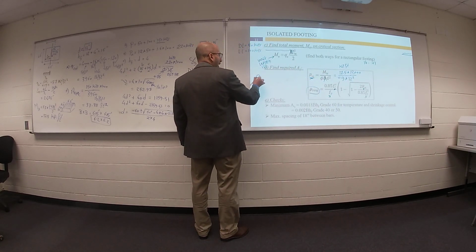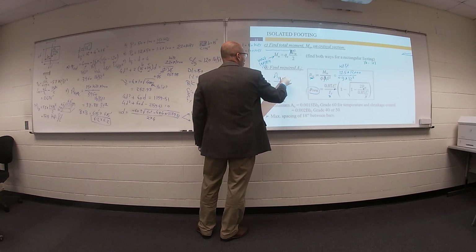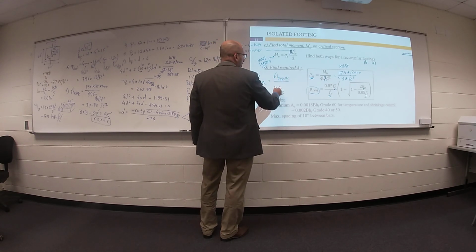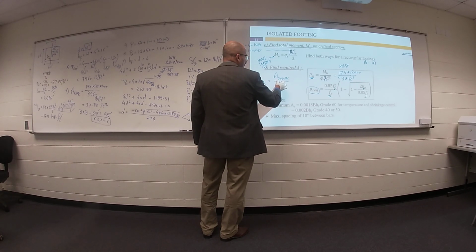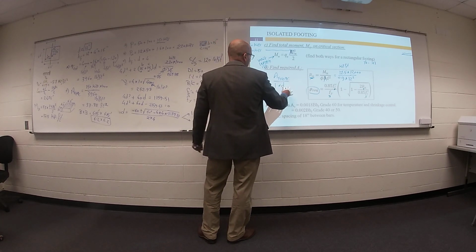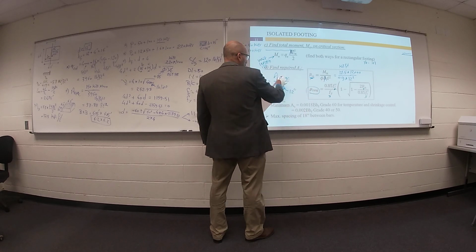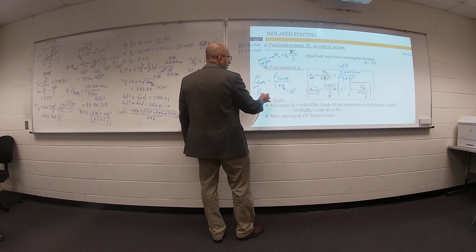Your rho required equals area of steel required divided by depth times 1. Your depth is 12 inch, so you can get your area of steel required.